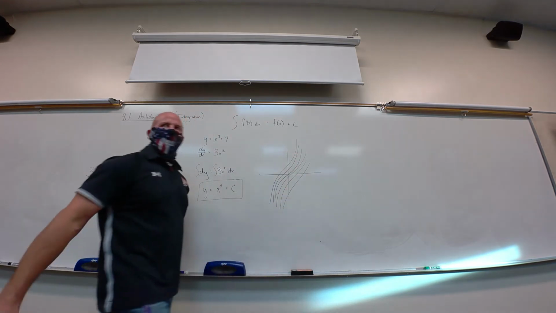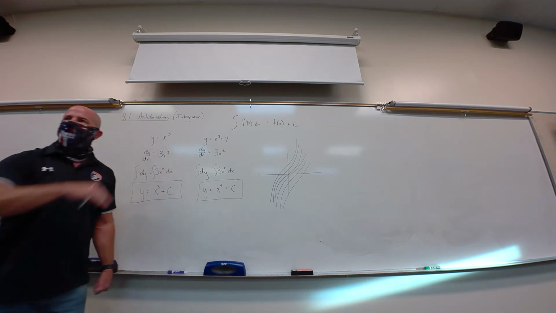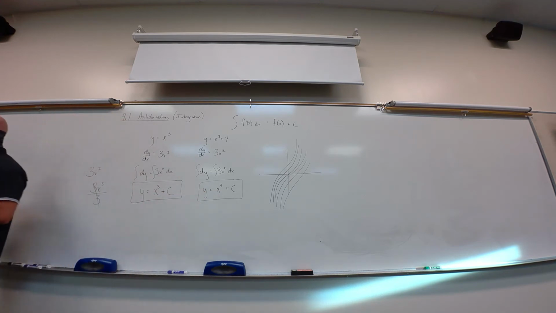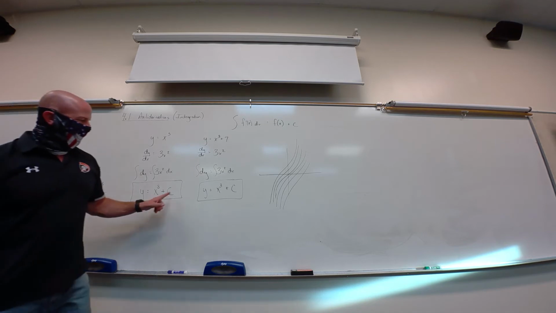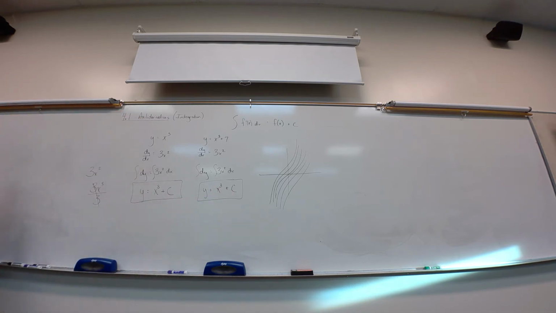They're all the cubic graphs, right? Which one is correct? Well, it depends on what C is. So this is what you call the general antiderivative, the indefinite integral. I can't define exactly which one it is because I don't know this C value. That's the idea. Everybody okay with that?